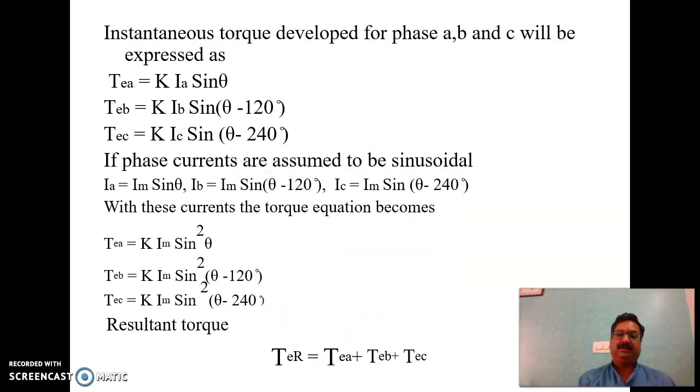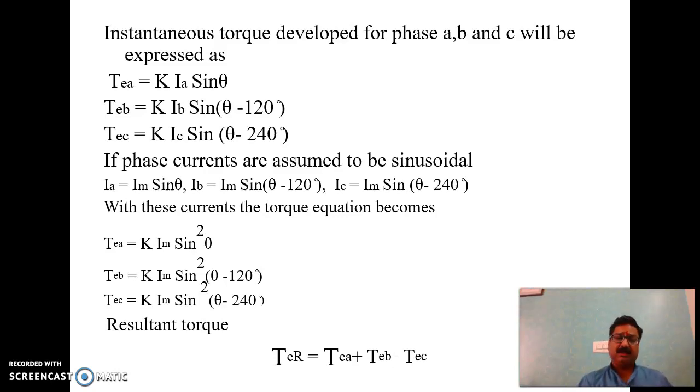For phase A it will be K i_a sin theta, for phase B it will be K i_b sin(theta minus 120 degree), that is a phase difference of 120 degree, and for C it will be K i_c sin(theta minus 240). So angles 0, 120 and 240, this phase difference is there.